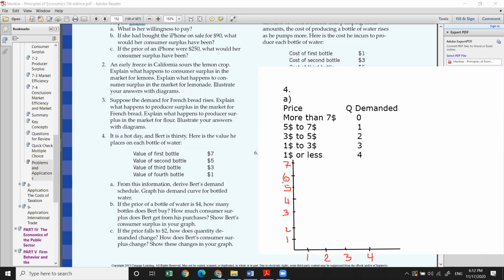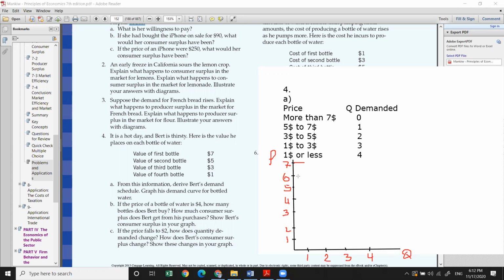If you want to draw it, this is price, and this is quantity. So if it's $7 maximum, he will buy just one.